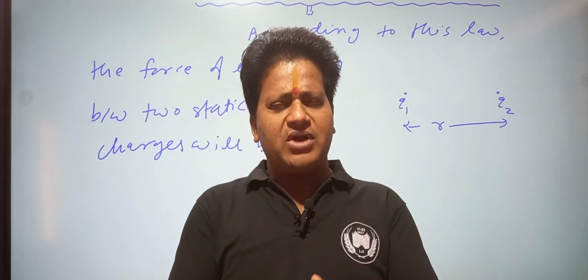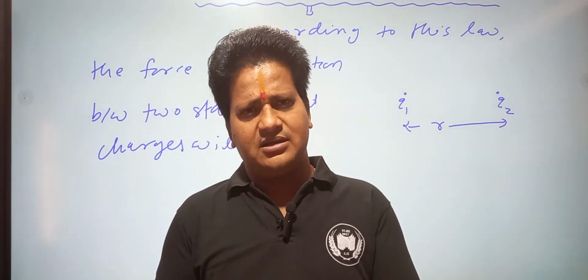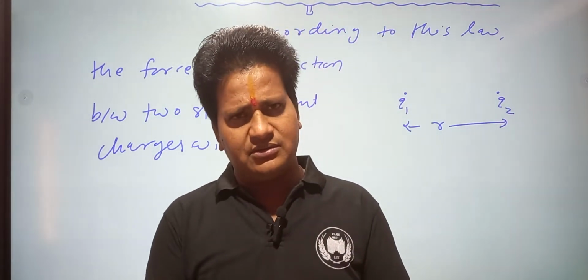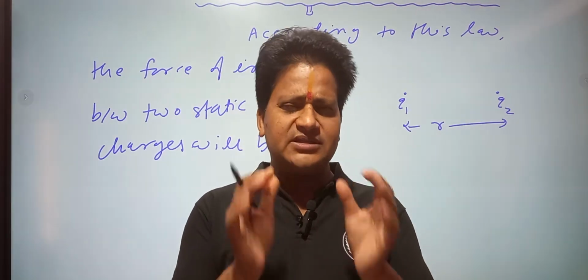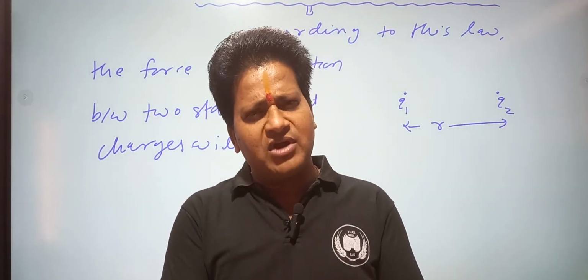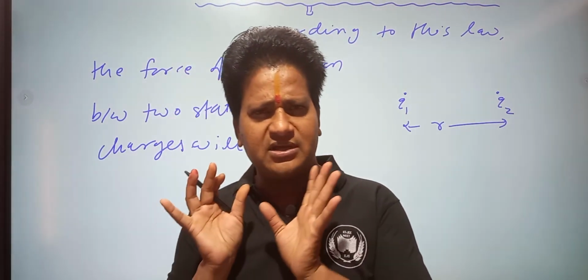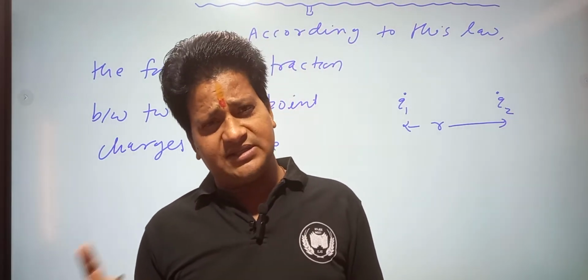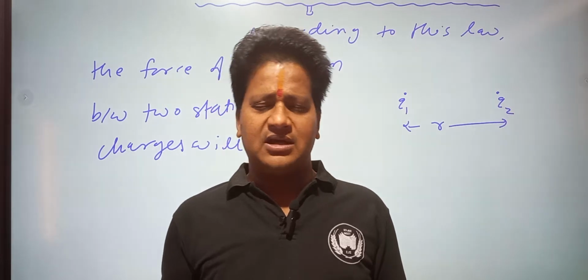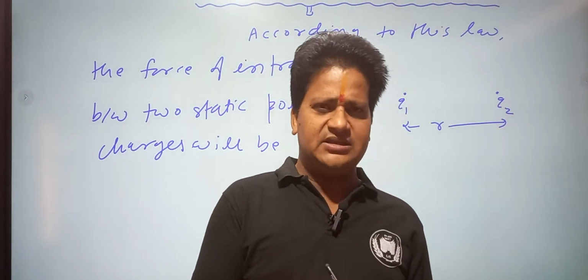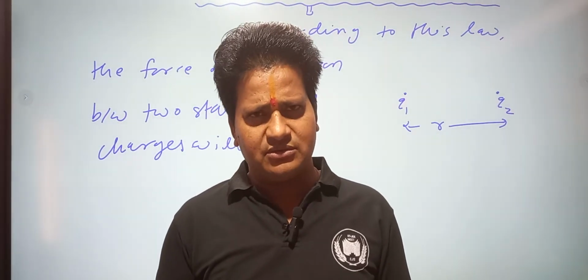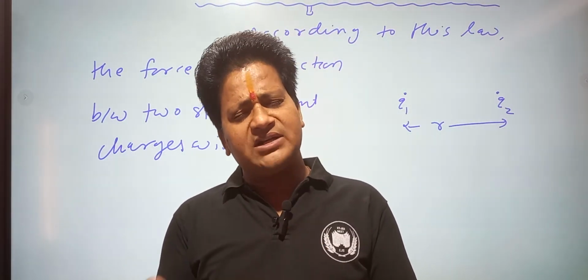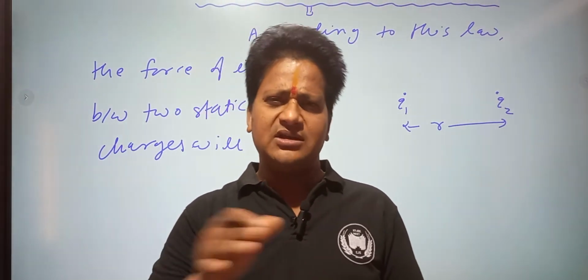If one quantity increases and the other quantity also increases in the same ratio, then you can say that one quantity is directly proportional to the other. If one quantity increases and the other decreases in the same ratio, then one quantity is inversely proportional to the other.